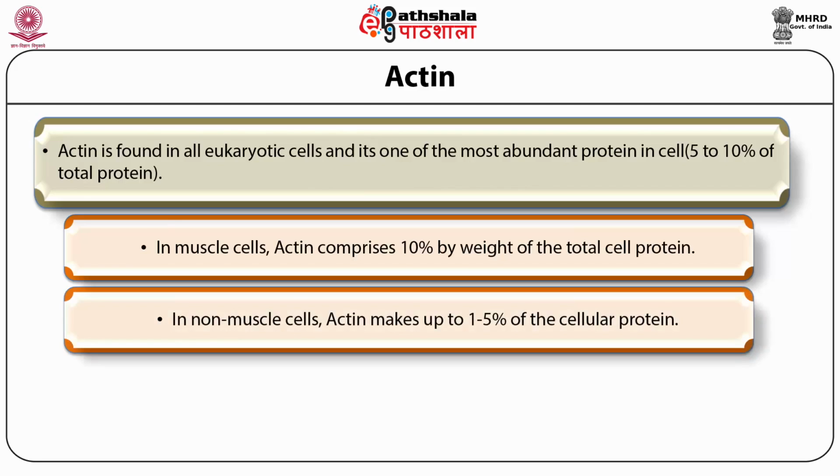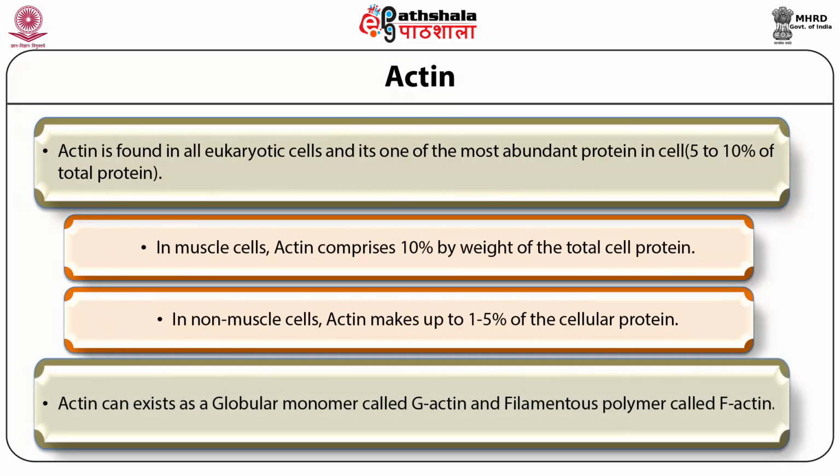In non-muscle cells, actin makes up 1 to 5% of the total cellular protein. Now, the actin component varies from cell to cell depending on the function the cell requires. Actin can exist as a globular monomer called G-actin and a filamentous polymer called F-actin.